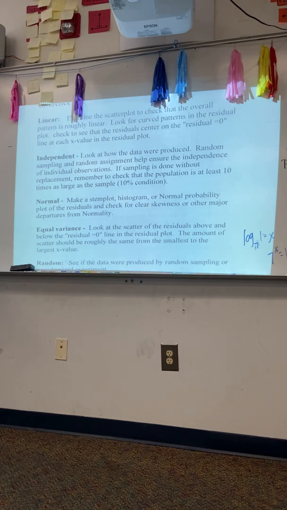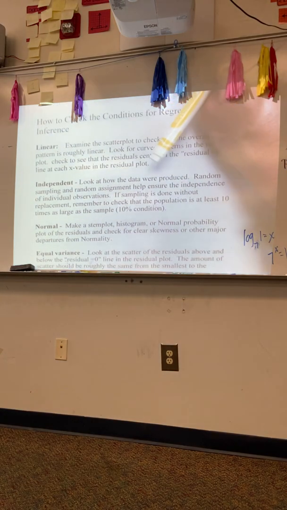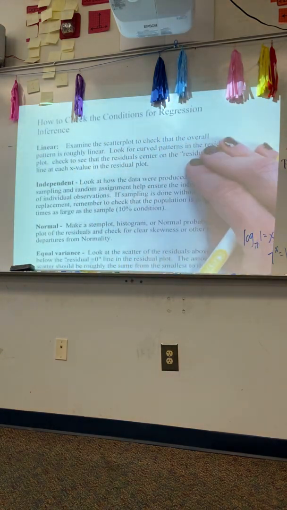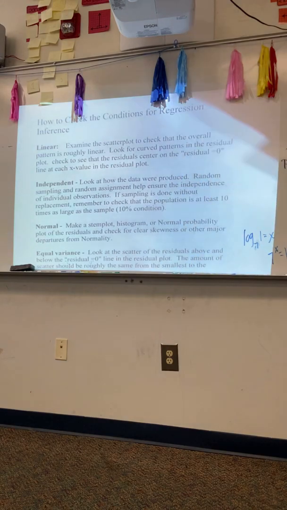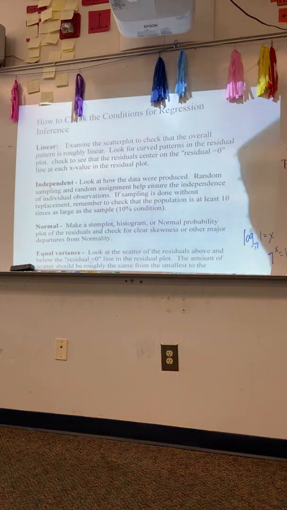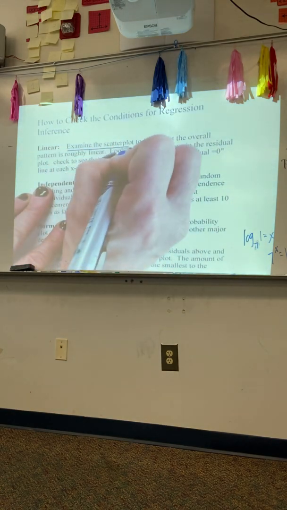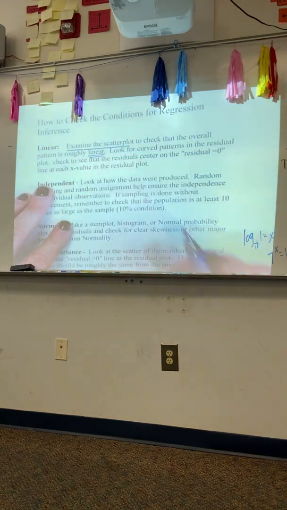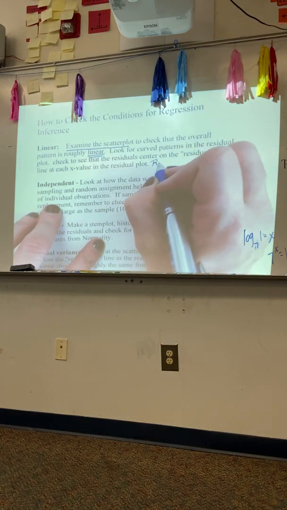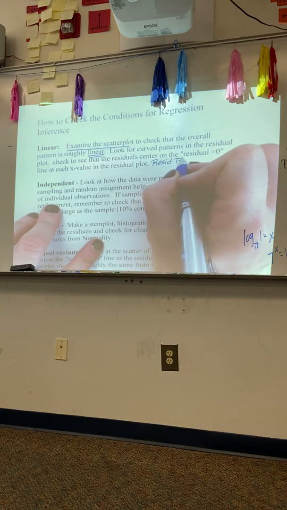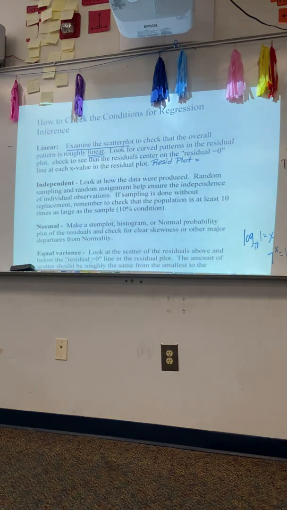So the very first thing you need to do is if they give you data, you need to check that it's actually linear. That's really important, okay? So if data is given, I want you to examine the scatter plot to make sure that it's linear. You can also look at the residual plot, and remember the residual plot, my redneck way of saying it was no pattern equals good fit and line.